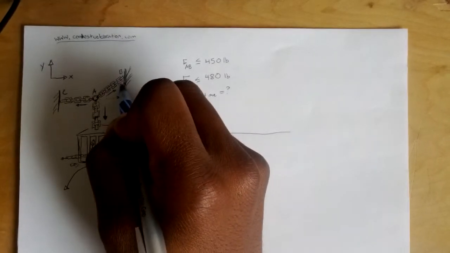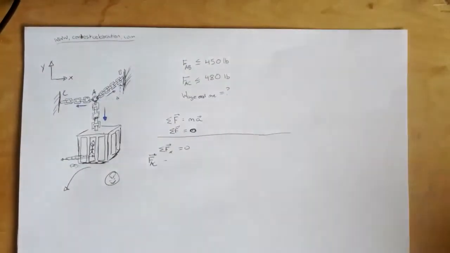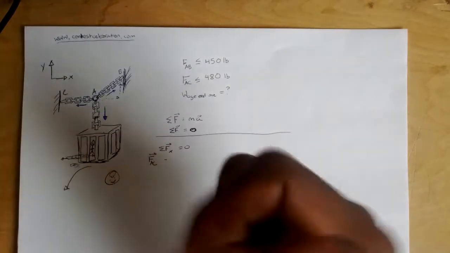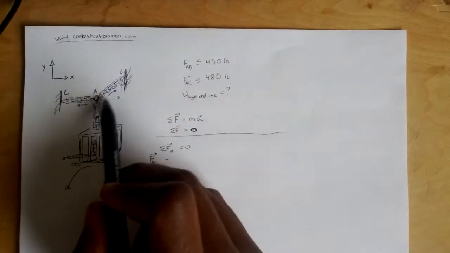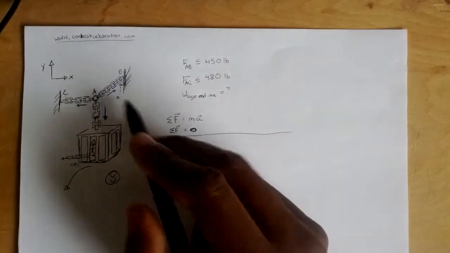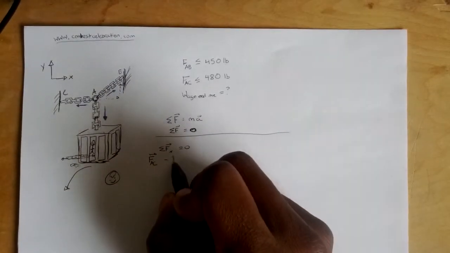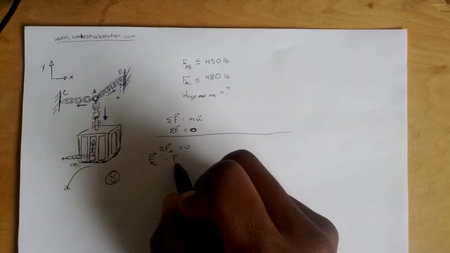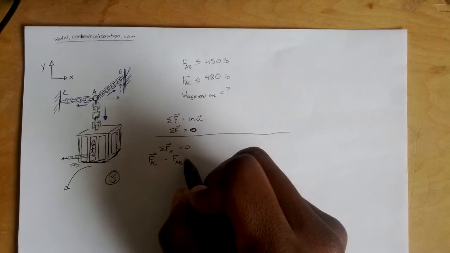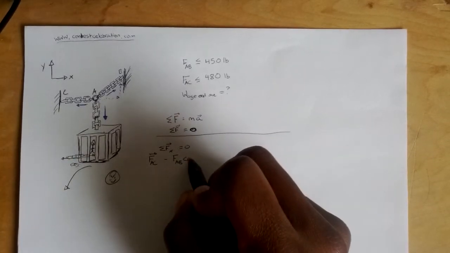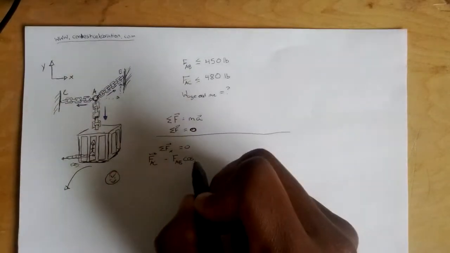So, breaking down into its components, the X component of this force right here in chain AB is going to be the magnitude of that tension times the cosine of the angle that's here.